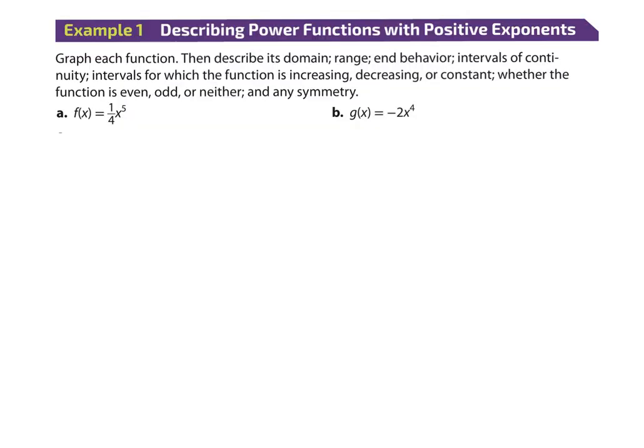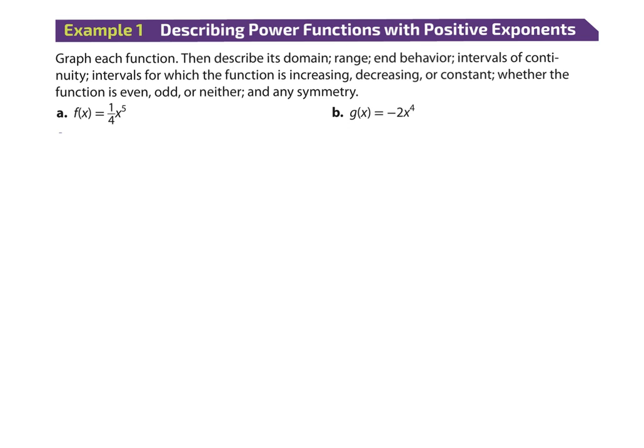So this next one says describe each function. Graph the function. And we're going to hold off a little bit on graphing just because I want to do some sketching first. Describe the domain and range. Describe the end behavior. Tell me if we have any continuity problems. Is it continuous or discontinuous? And then we're going to look at increasing, decreasing, constant, and whether it is even or odd.